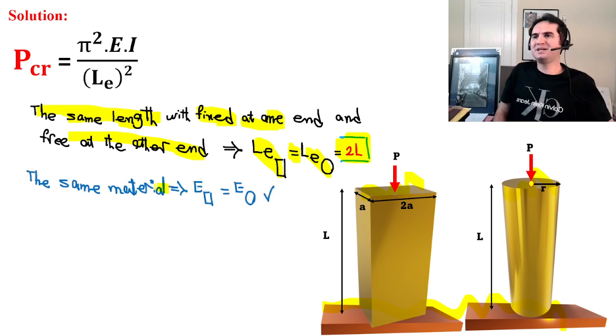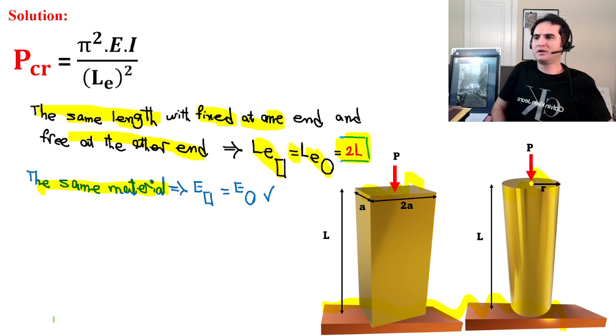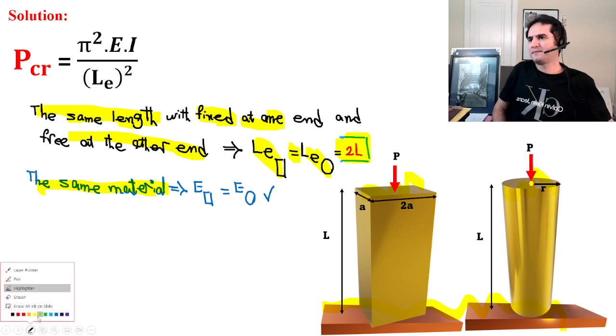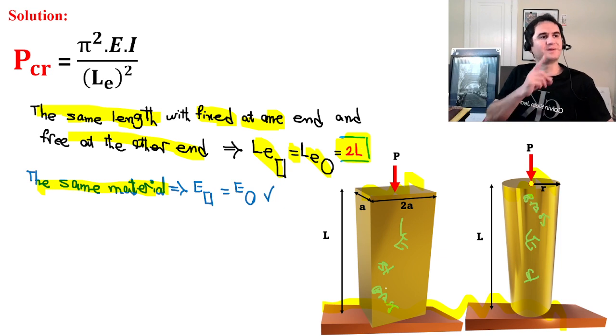The material is also the same: if this one is steel, the other is steel, and E is identical. If this is brass, this one is brass too. So the materials are identical to each other.